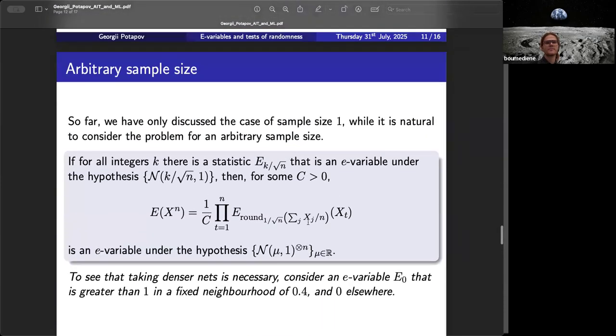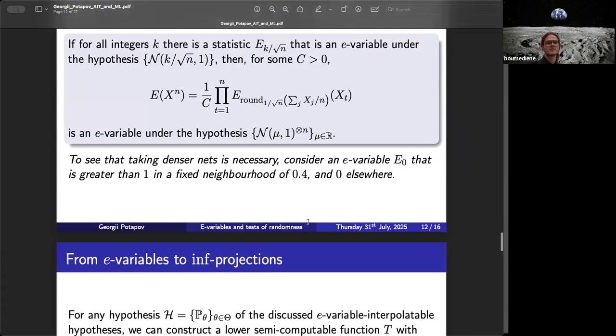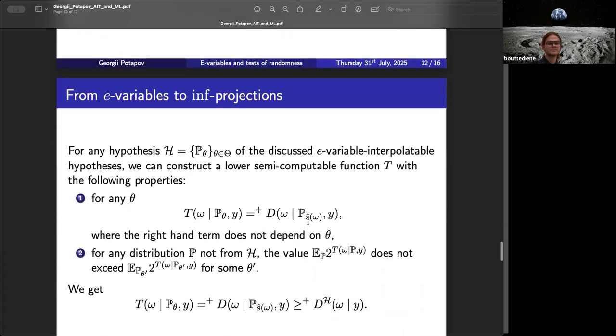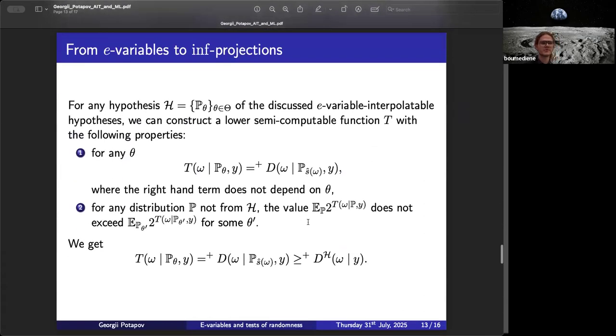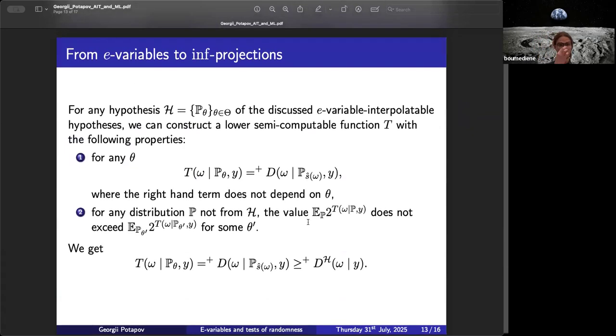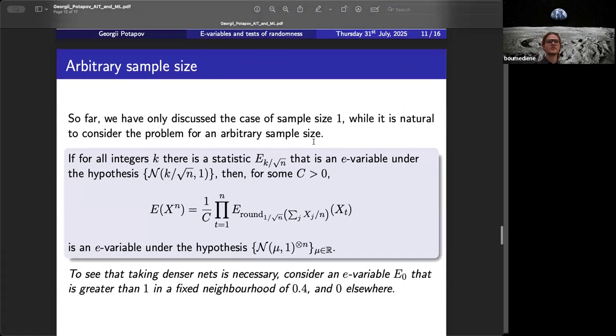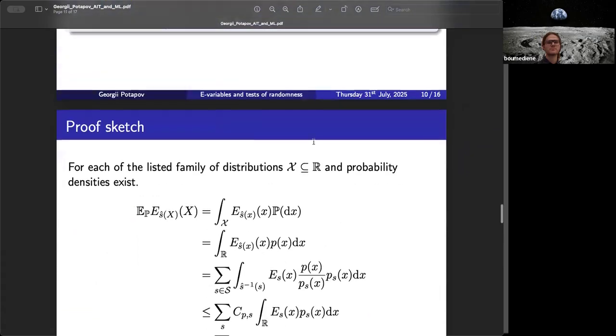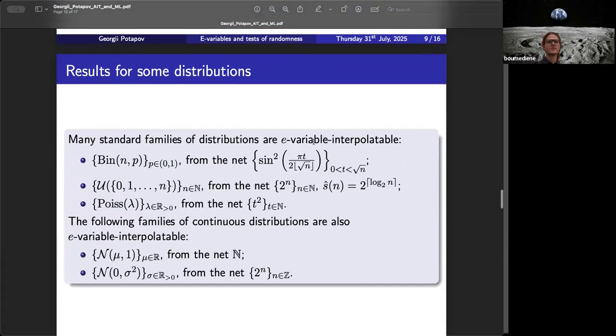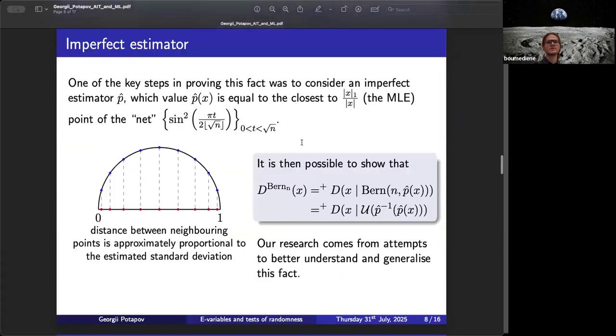Okay, so let's come back to algorithmic information theory and see how we can apply our results about e-variables to prove results similar to this one.